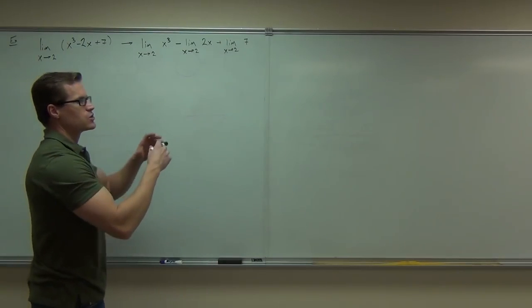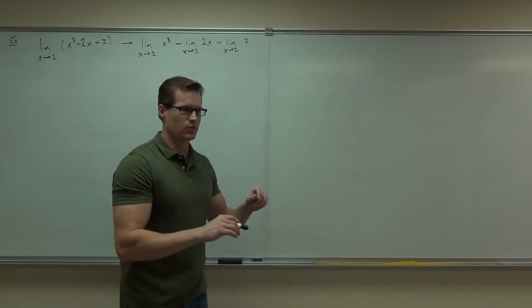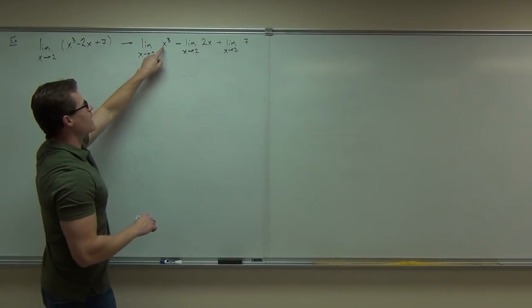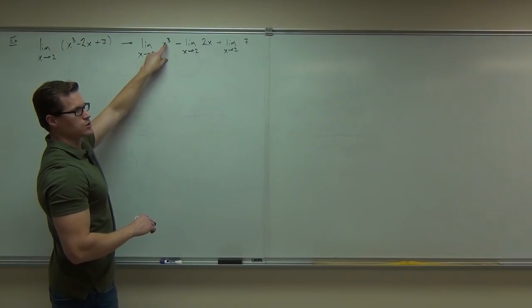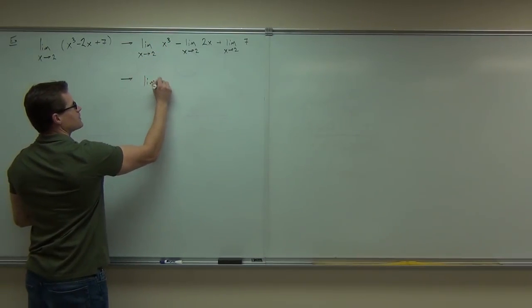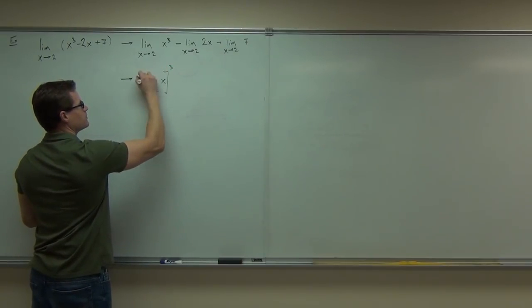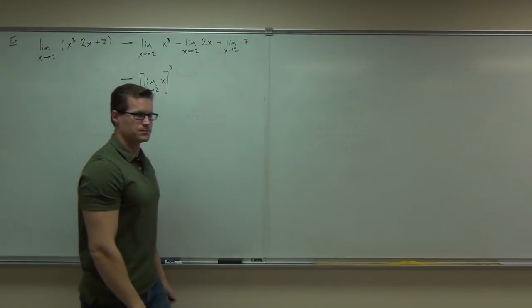Now, let's use those other rules. One other rule, the coolest one, property 5, says anytime you have a function to a power, I can take the limit of just that function and raise it to the power later. That's true, you can do that.